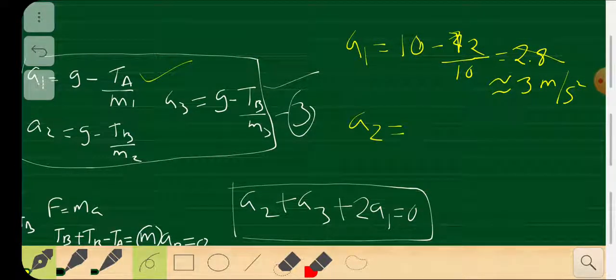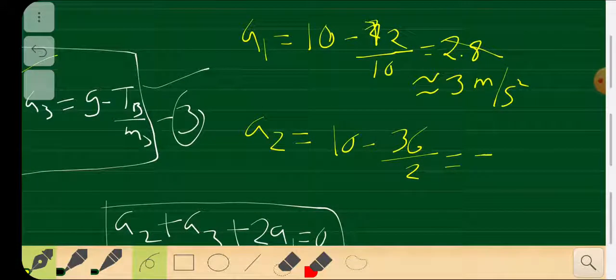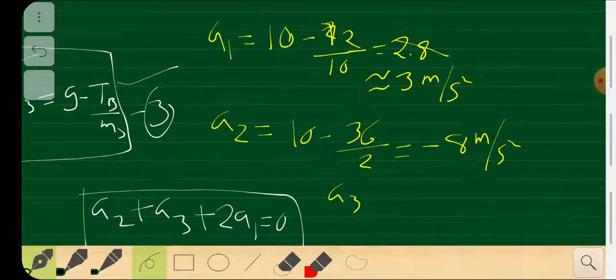A2 will be equal to G, which is 10, minus TB, which is 36, by M2. M2 was just 2 kilograms, right? So it will be approximately minus 8 meter per second square. And A3 will be some value. You can calculate that yourself.